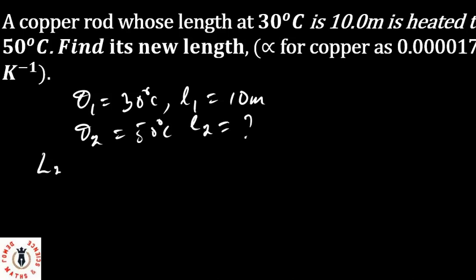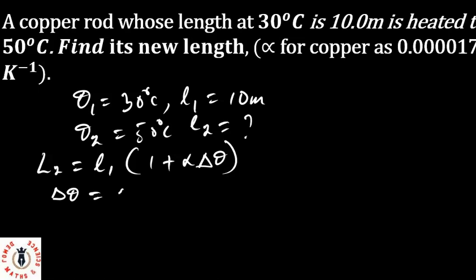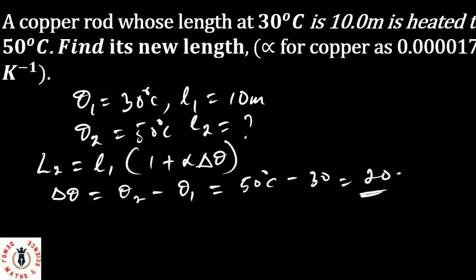Now remember that L2 is the same thing as L1 into (1 plus alpha delta theta). My change in theta is given as θ2 minus θ1, so θ2 minus θ1 equals 50 degrees Celsius minus 30, which equals 20 degrees Celsius.